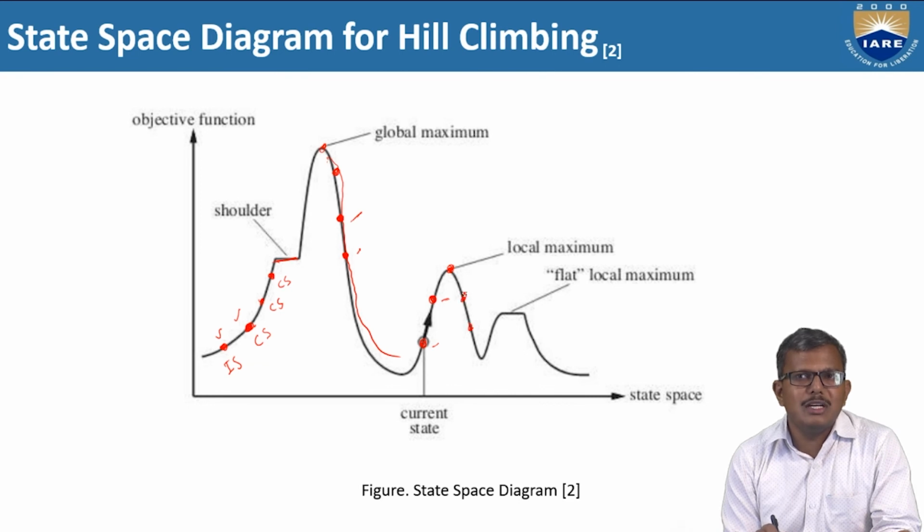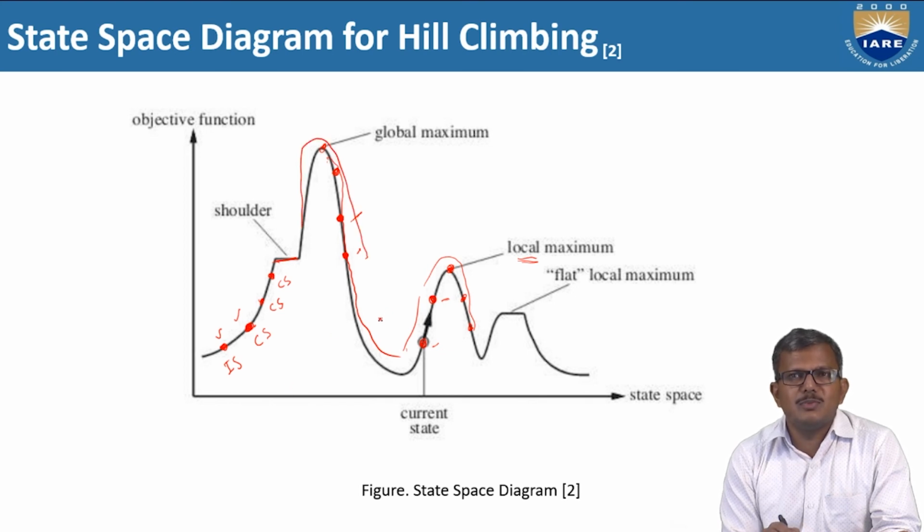So what you feel is that whenever the newly generated states are not better than your current position, you think that you have reached the maximum. So how is it a local maximum? Along with this hill, there is one more hill also.